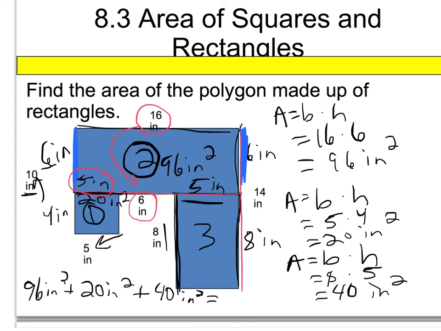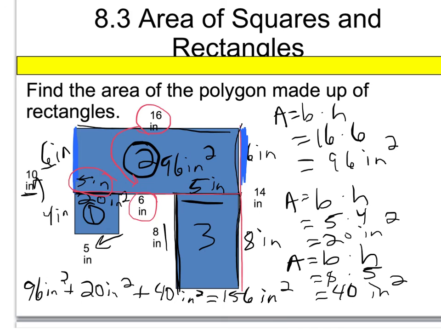When we add those together, you get your answer of, what is it going to be? Is it 156 inches squared? Wonderful job.